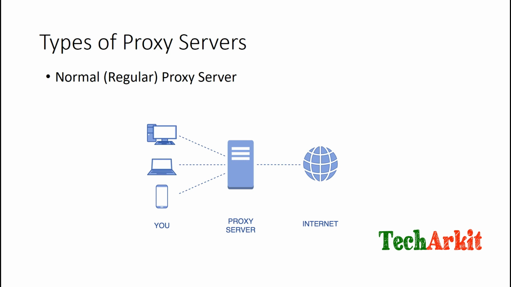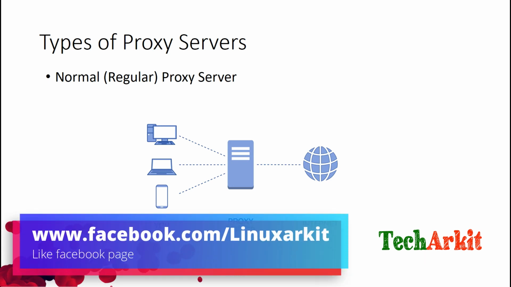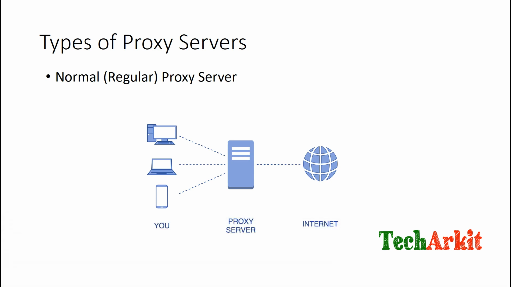The clients are any device, maybe a desktop, a laptop, or a mobile you are using, on which you have to make some browser settings in order to pass all your traffic to the proxy server. That is called a normal proxy server, or the regular proxy server.